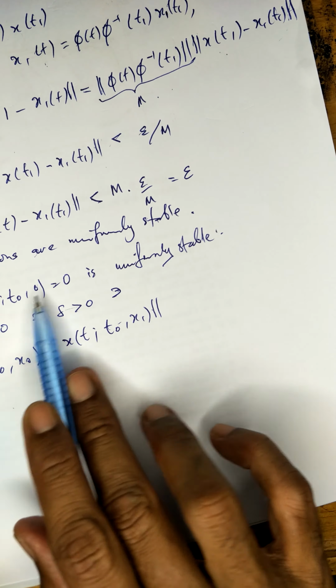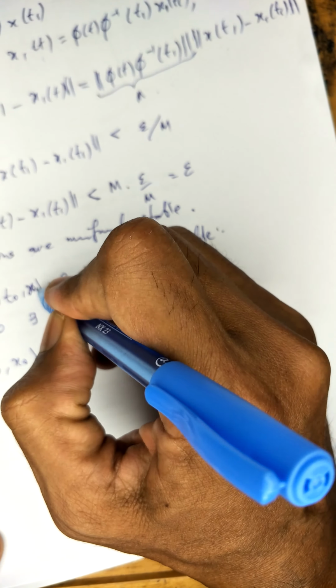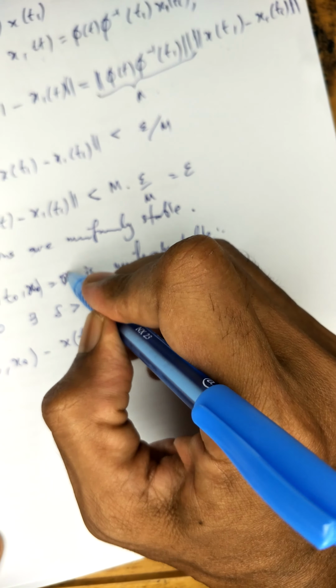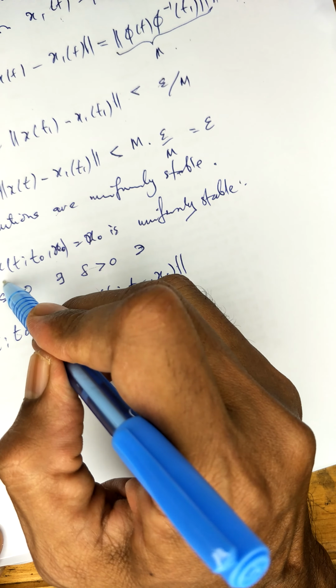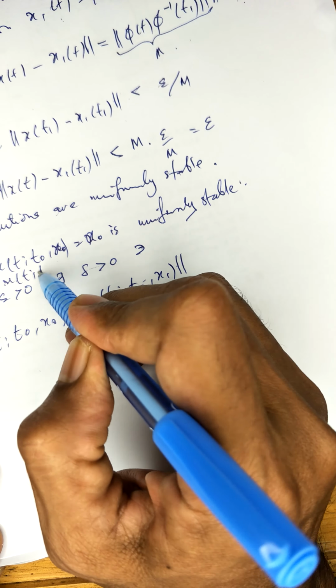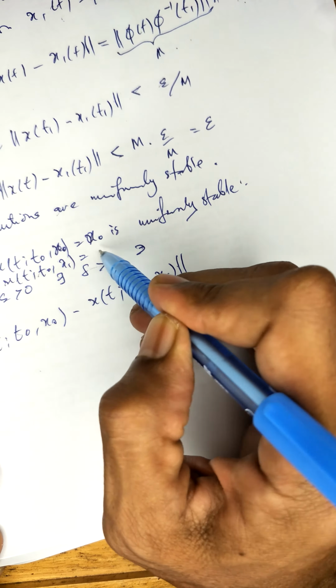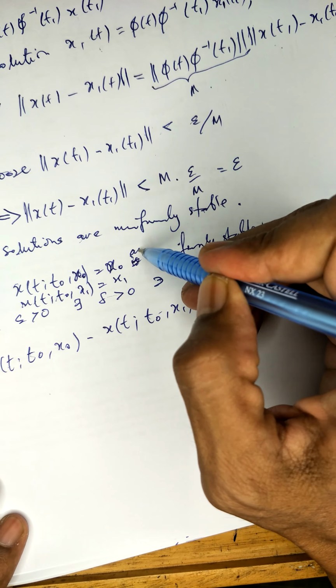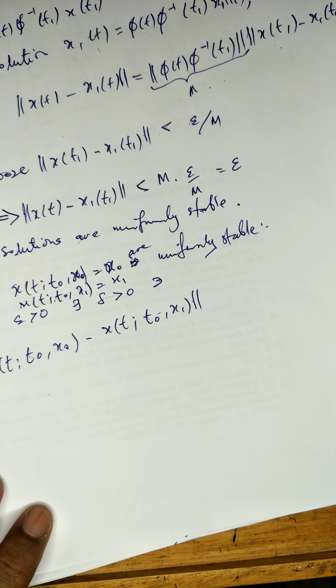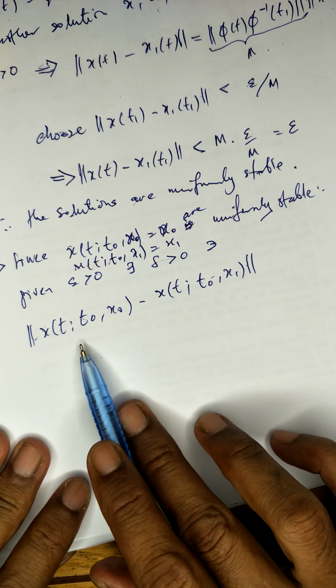Let's put this as x naught, so this is the solution x naught, and we consider another solution x(t naught, x1). This is the solution x1. Uniformly stable, so therefore we have this thing.